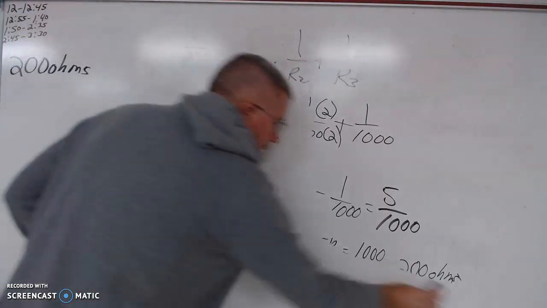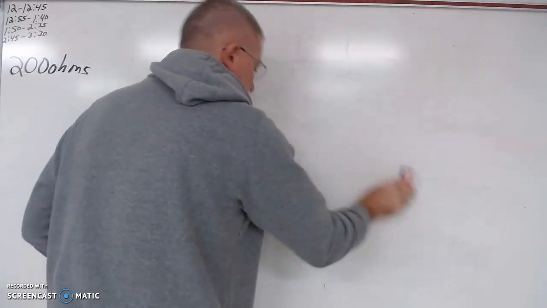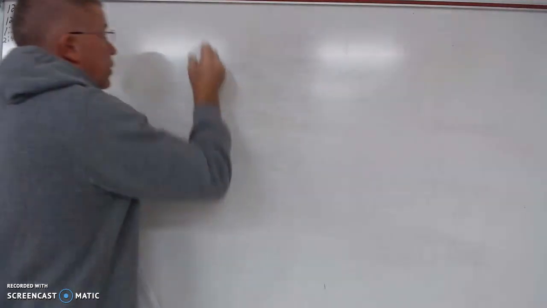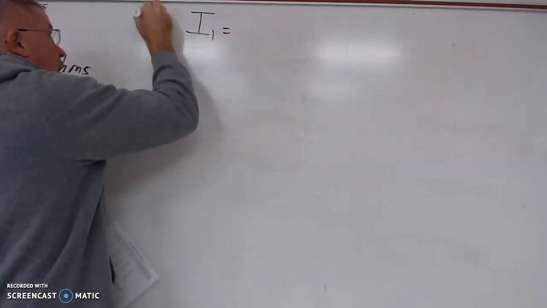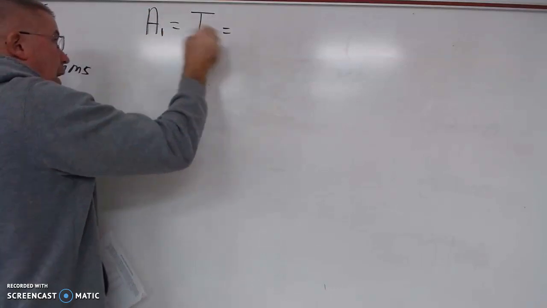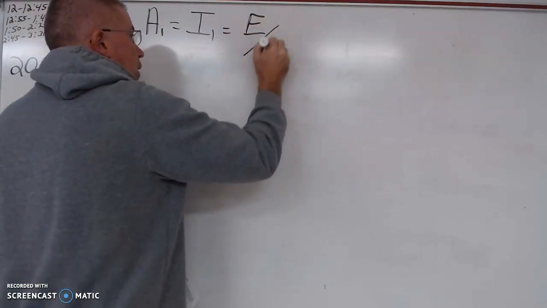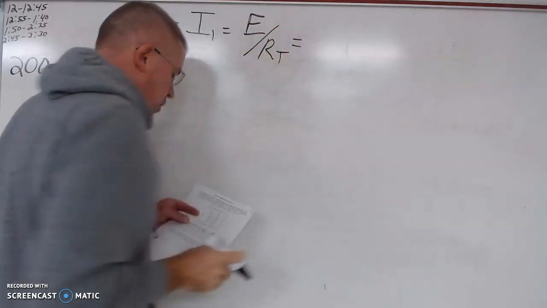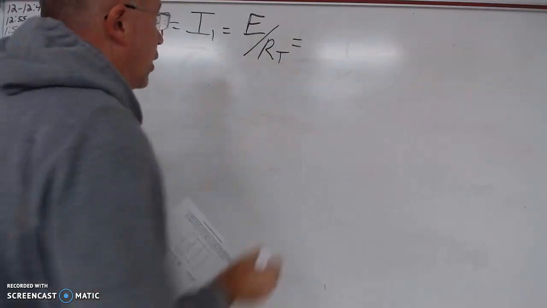Now it wants you to find I1. Well, I1 is where it first comes off of the power source. So I1 is E divided by total resistance. Our E, or our voltage for this circuit, is 100 volts.